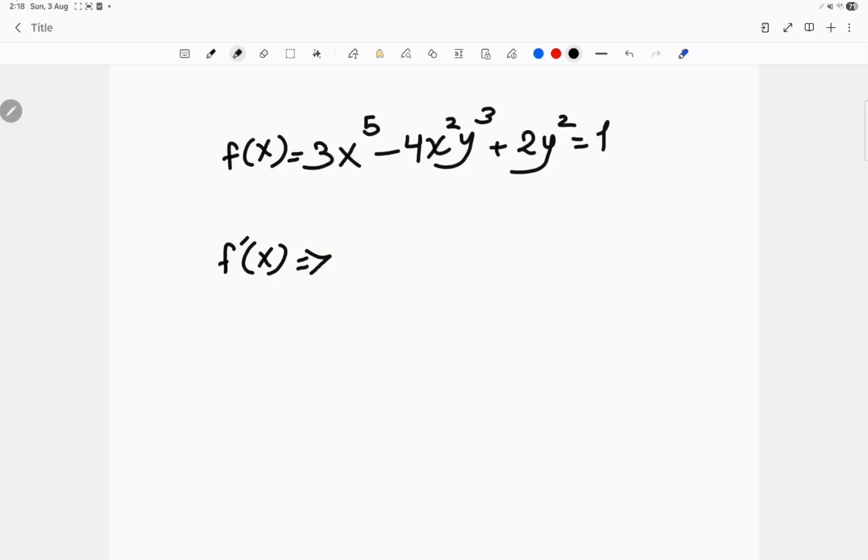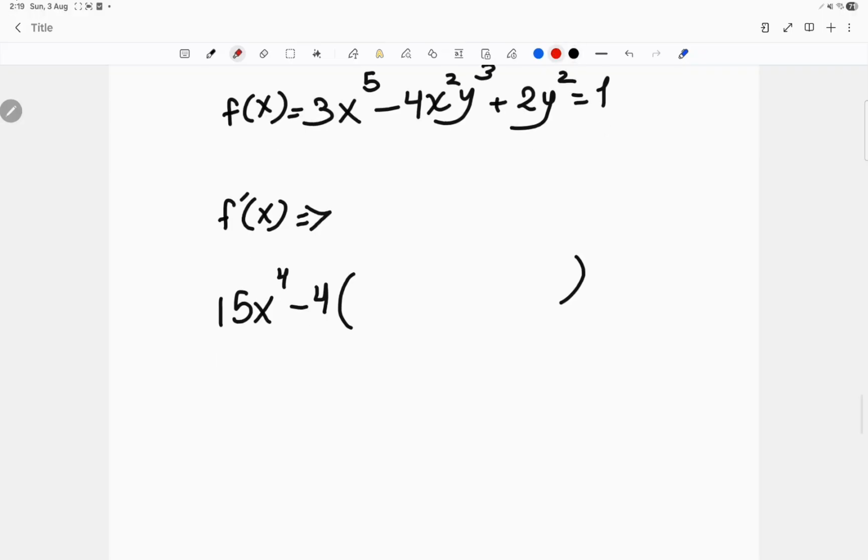Okay, so guys, 15 x to the power of 4 minus 4 a prime times b. So I'm going to have a prime times b plus a times b prime. So a is the x squared and b is the y cubed.